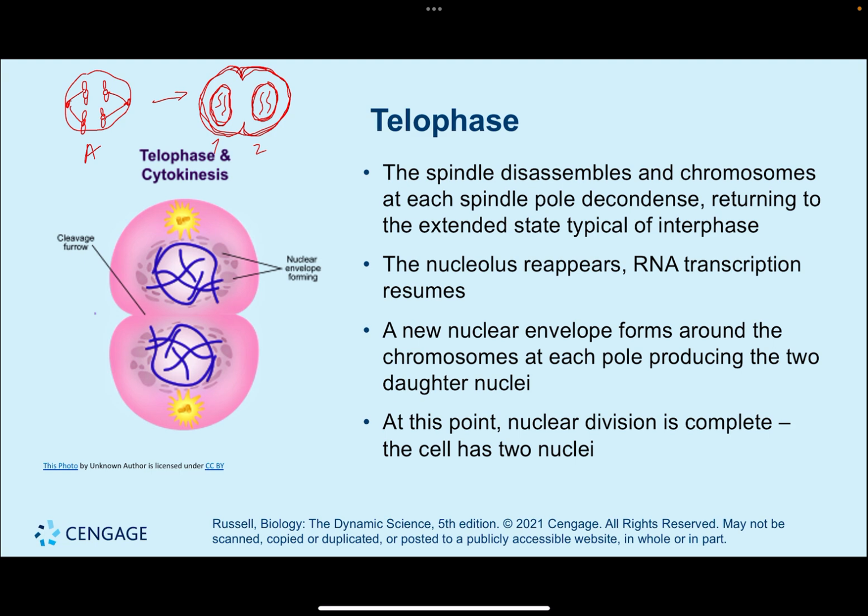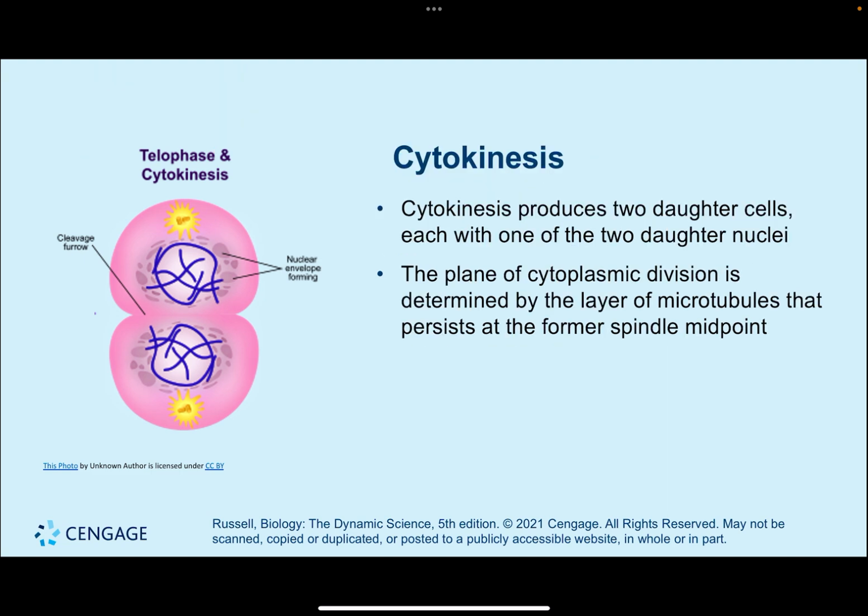At this point, nuclear division is complete since the cell has two nuclei, but we're not quite done yet because we still have cytokinesis, or cytoplasmic division, the last stage of the cell cycle. Cytokinesis, as stated earlier, produces two daughter cells, each with one of the two daughter nuclei.